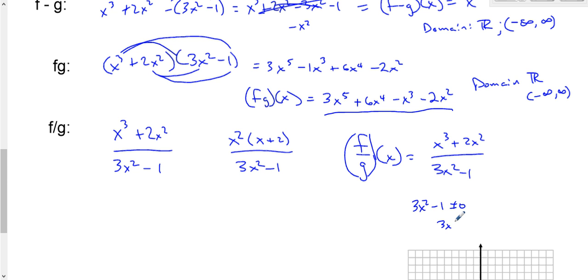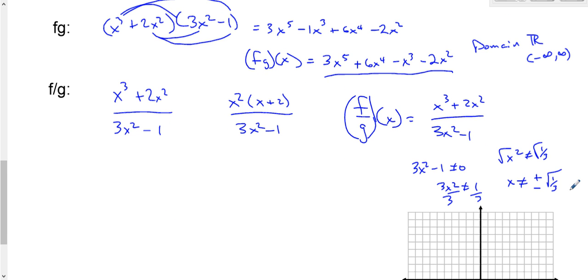I get 3x squared cannot equal 1. I divide by 3, and I know that x squared cannot equal 1/3. And then I take the square root, and I know that x cannot equal the positive and negative value of the square root of 1/3.